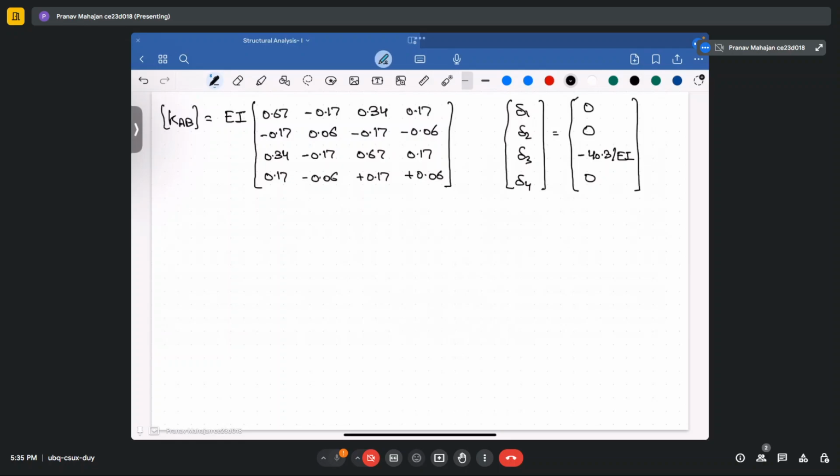So due to the applied load also, the fixed end moments will come into picture. So FEF1, FEF2, FEF3, and FEF4 will be equal to what we have calculated: minus 72, 72, 72, and this would also be 72.